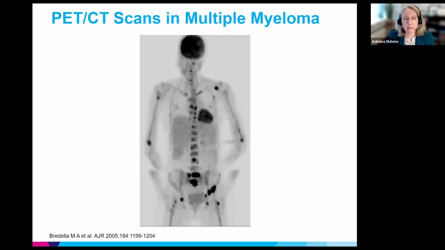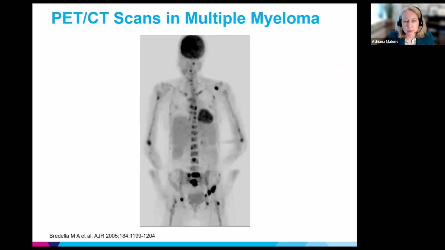And finally, a PET CT scan or MRI is also recommended prior to the initiation of treatment to discern active lesions in the bones versus inactive or treated lesions, or in a patient with newly diagnosed multiple myeloma, smoldering multiple myeloma.